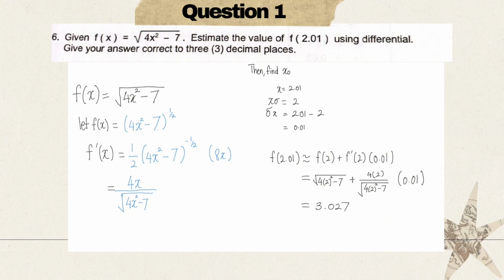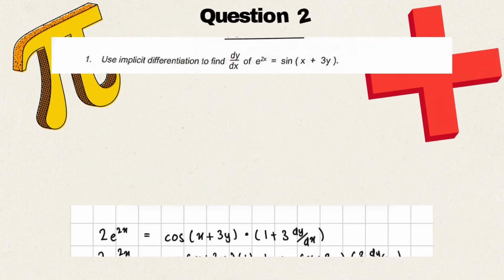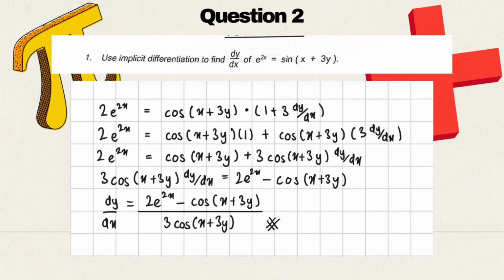It will give us square root of 4 times 2 squared minus 7, plus 4 multiplied by 2 over square root of 4 times 2 squared minus 7, multiplied by 0.01, and the final answer is 3.027.